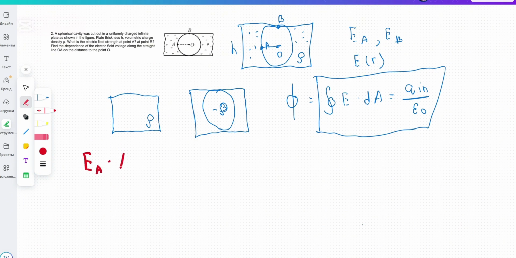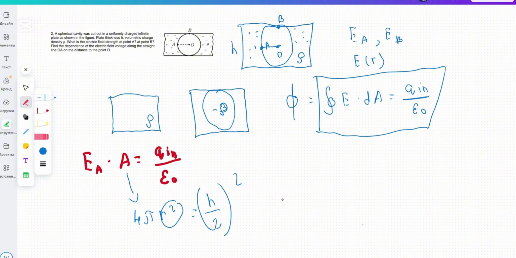Electric field times area equals q inside over epsilon 0. Instead of area we can take 4 pi r squared, but by looking at the sphere we can know that the radius equals h over 2, so we can replace it with that.